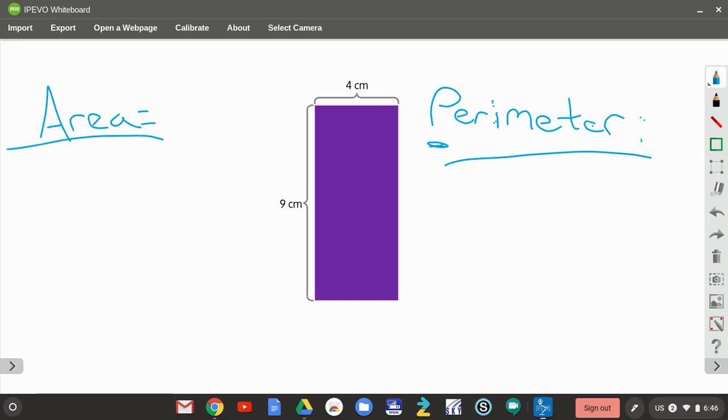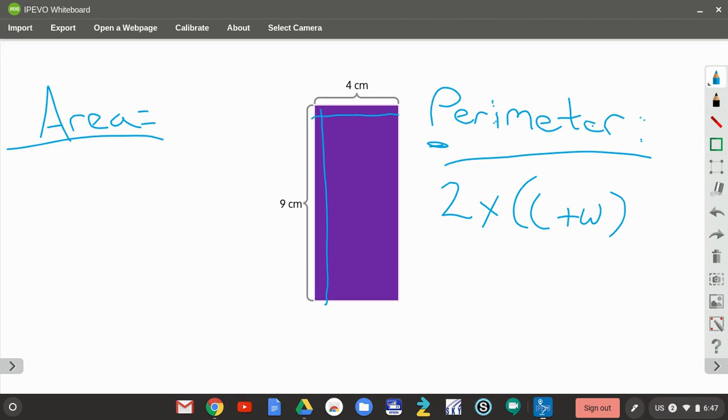Now, the formula that you're going to be given is 2 times length plus width. The length is how high a shape is. The width is how wide it is.